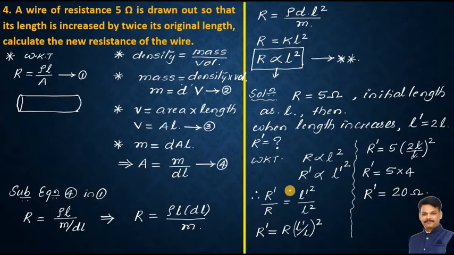Okay? So from this we come to know that the resistance of the wire increases. Definitely it increases. Why? Because the length is increasing and the area of cross section is decreasing. Hence, definitely the resistance must increase.